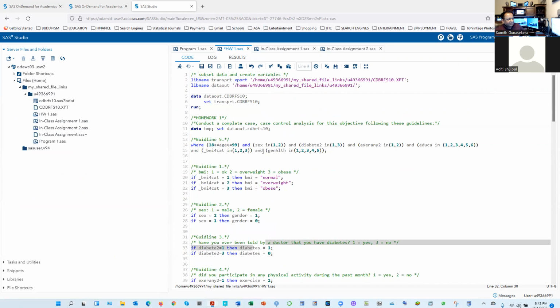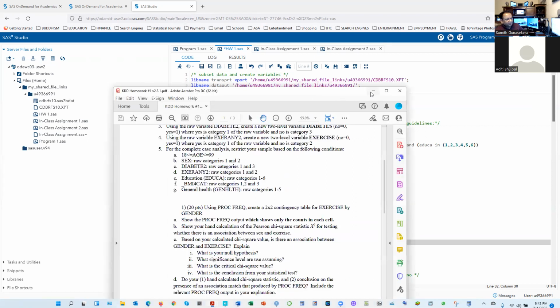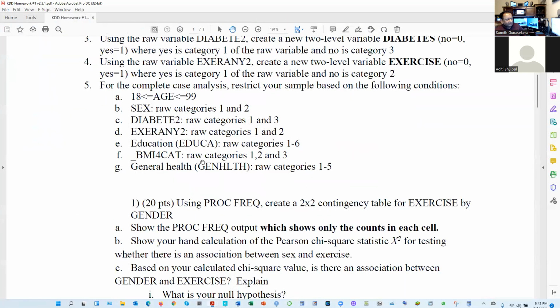That's what we did over here, where age 18, 19. This one we kept, diabetes 2. This one we kept, education. From this one we're going to do this based on those variables. We're going to do all the answers for the question.